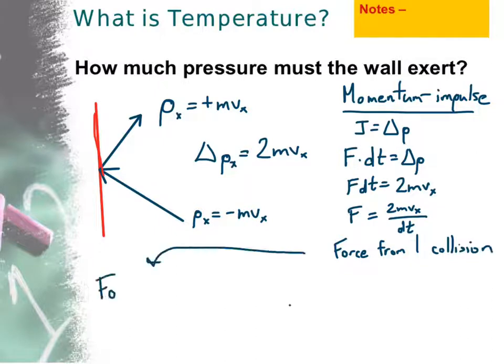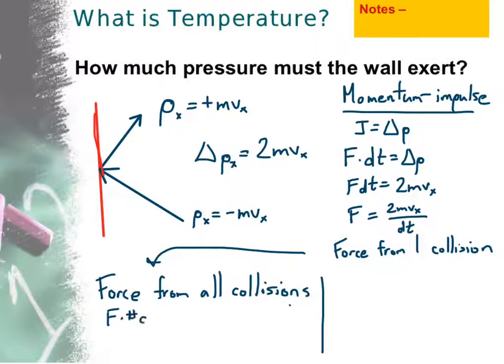That is the force from one collision. Now the force from all the collisions that take place in dt, so I'd have to take this force from one collision, times the number of collisions that took place. So the total amount of force that the wall exerts on the gas in dt is given by this equation.